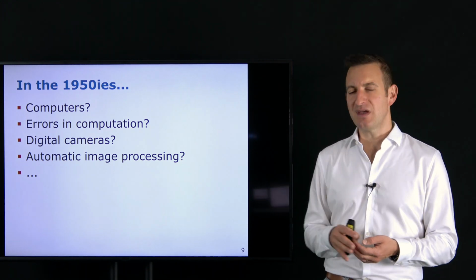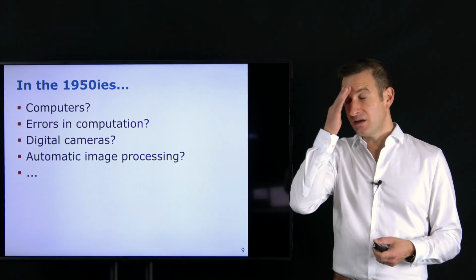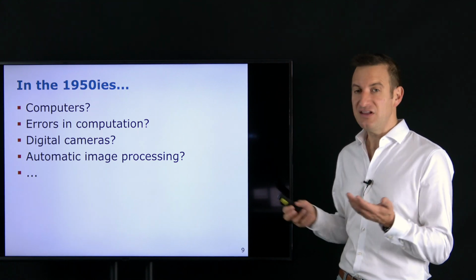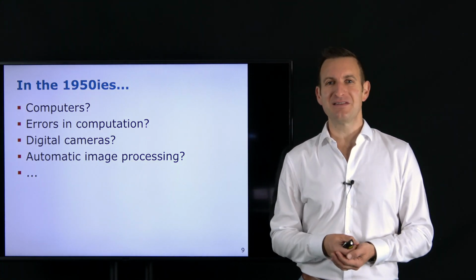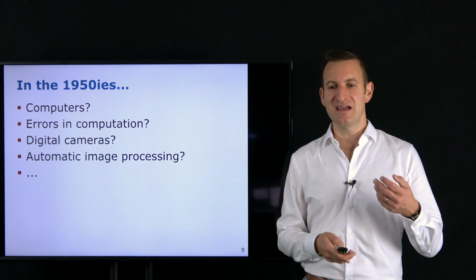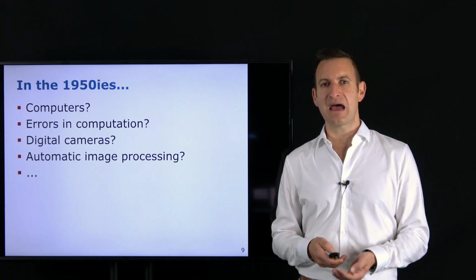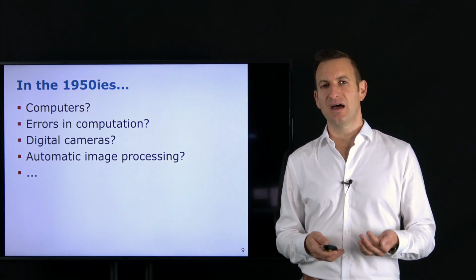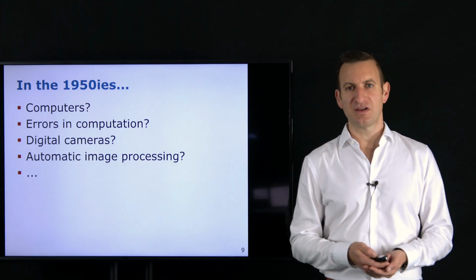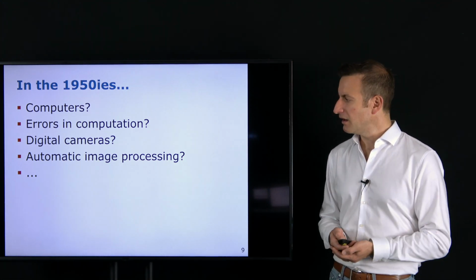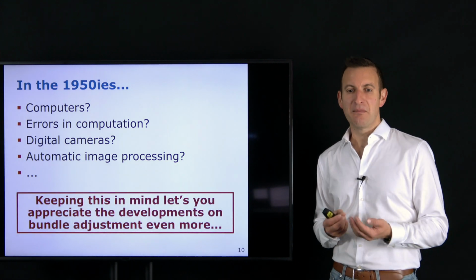Especially if we take into account what the technical or IT support, so to say, was that was available in the 1950s and compare that to today, that lets you appreciate the developments that happened in the photogrammetric community in the 1950s in the context of the bundle adjustment problem even much more.